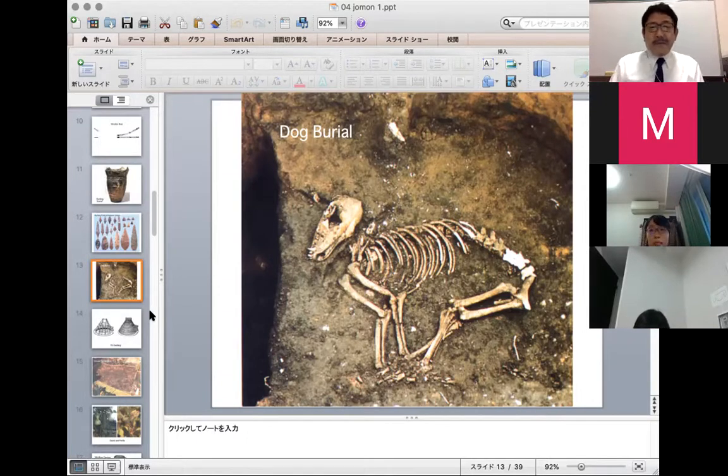And they didn't just dump the dead body of the dog. So obviously, dogs were a very important animal for Jomon people, and not only as a pet or a watchdog, but they were a good sidekick for hunting, of course. You know, hunting dogs.